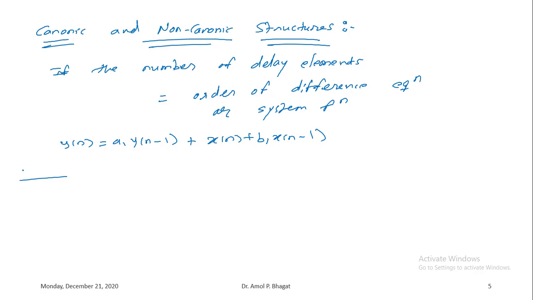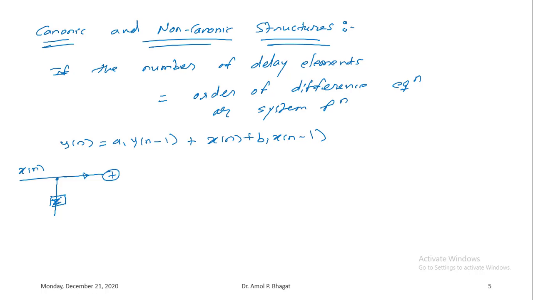How? So here input x of n you can take, right? Here initially you can add this part, that is x of n can be added directly to the delayed version of it.